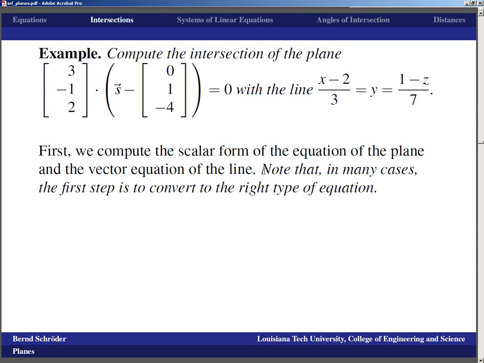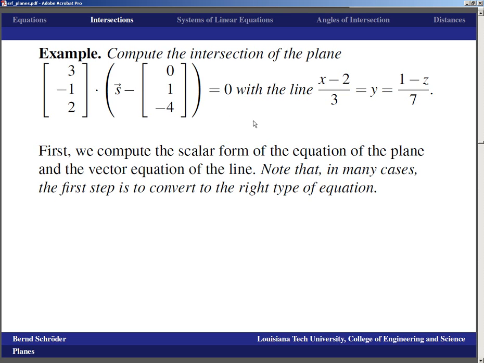Note that in many cases, and if you work with my book, you'll see that you might even curse me for it, I've been really good at setting up homework problems where you are supposed to convert to the right type of equation first, and that is just method to my madness here.